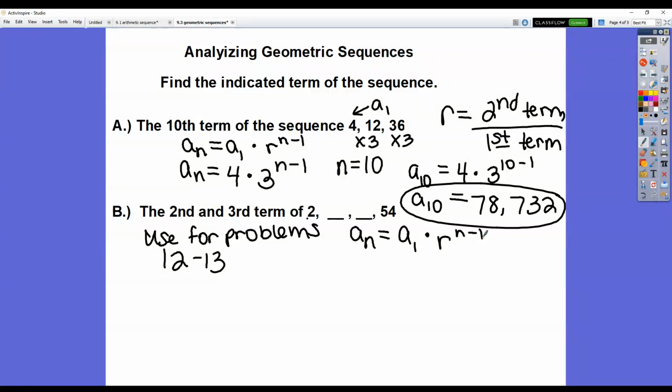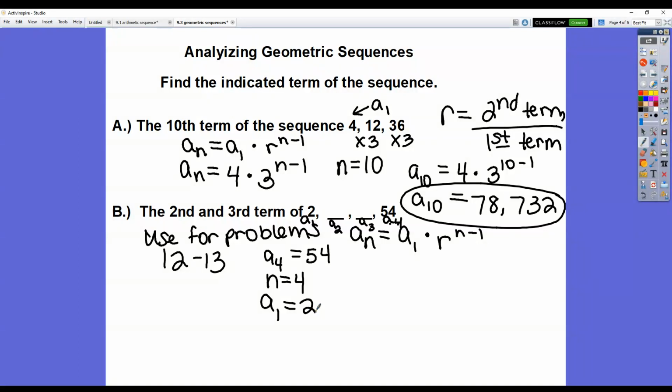We know this is the first term. This is a sub 1. This is a sub 2, a sub 3, and a sub 4. So we know that a sub 4 equals 54 when n equals 4. And we know that a sub 1 equals 2.